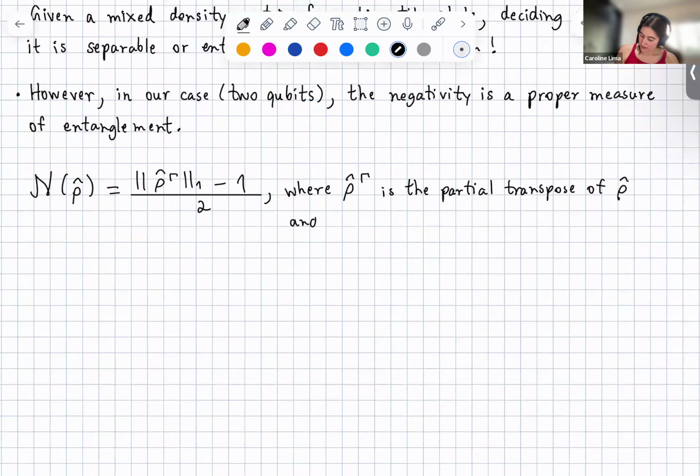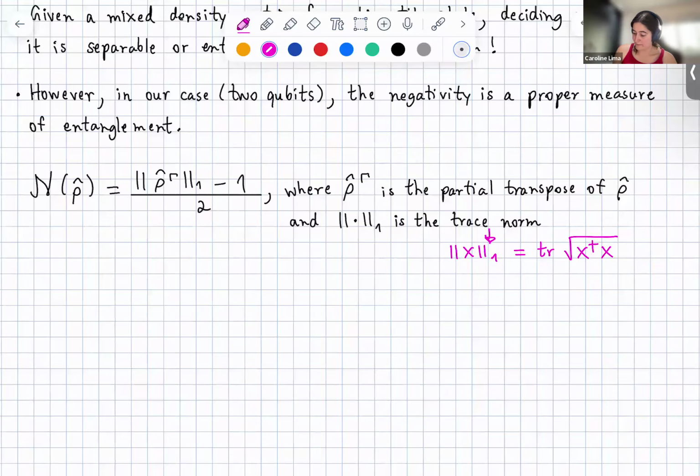And this is just the trace norm. So the trace norm of x is just going to be the trace of the square root of x dagger x, okay?